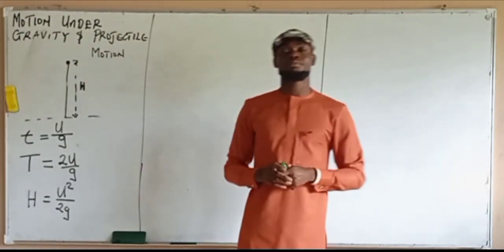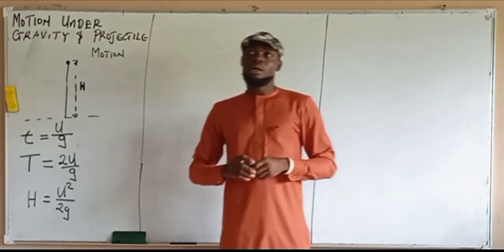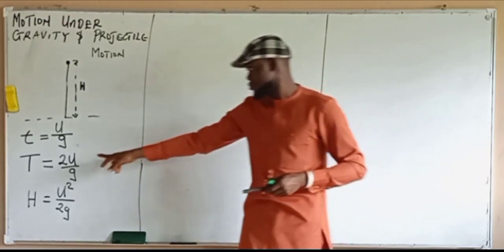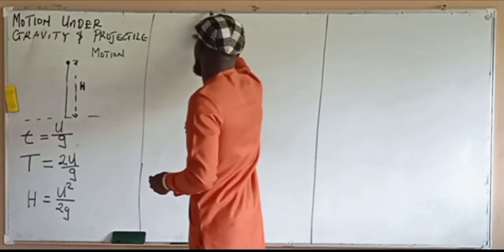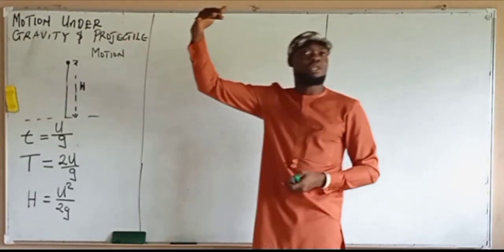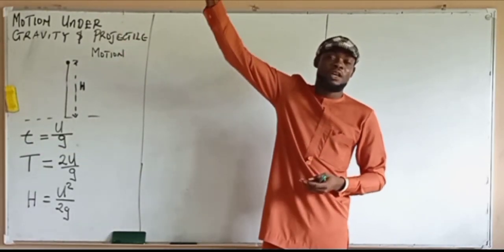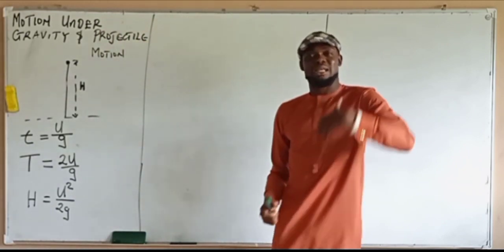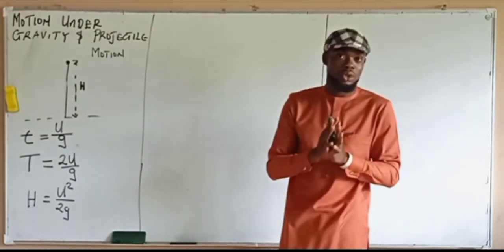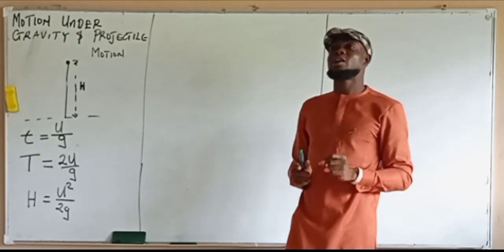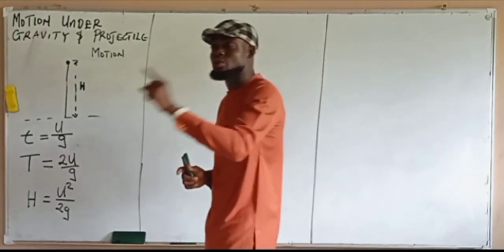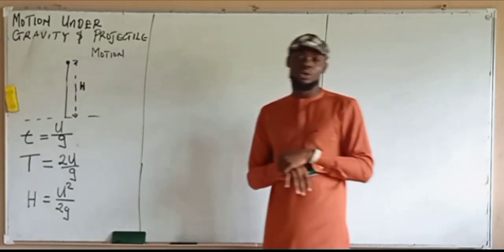Now, let's assume a body is falling from a particular height, h. Let's say on top of a tree, or a body falling from a tower and so on, whose height is known, and we want to get the velocity at which that body will fall to the ground, or the time taken for that body to fall to the ground. How are we going to do it?